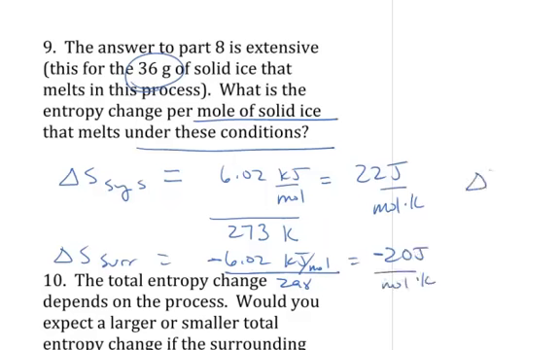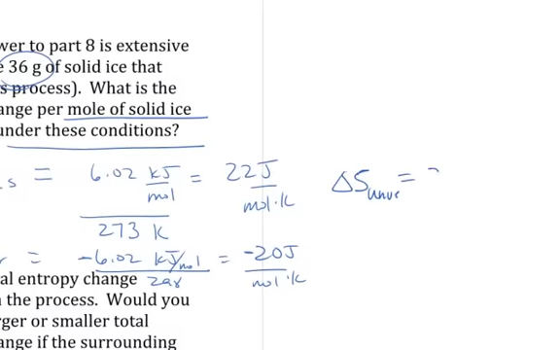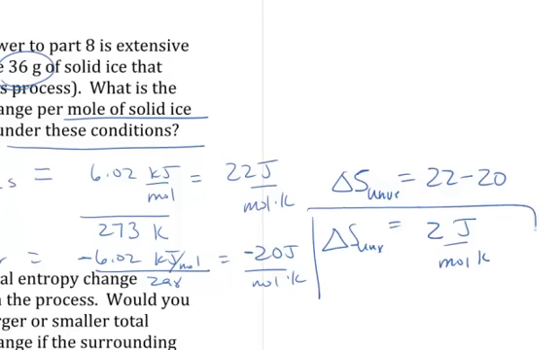So the change in entropy for the universe is 22 minus 20, which equals 2 joules per mole Kelvin. That would be the change per mole of the universe for melting ice.